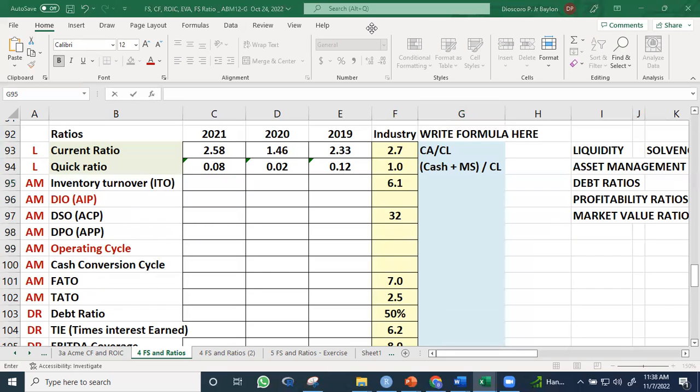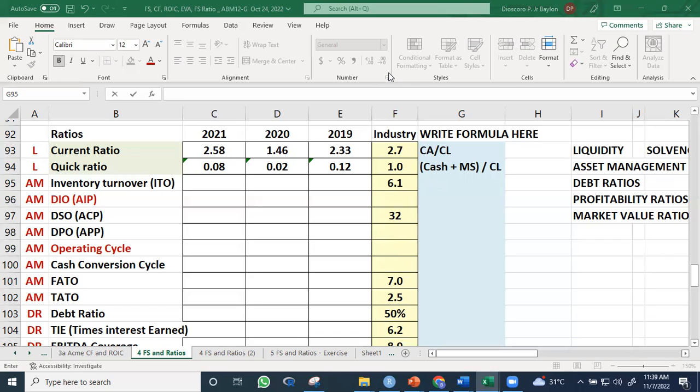Anyone, please? What's the formula for inventory turnover? Okay, thank you. Thank you, Jeremy. Okay, so you can see here the answer to Jeremy sa chat box.